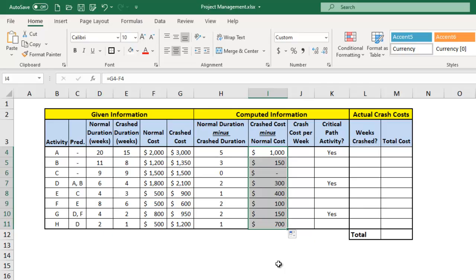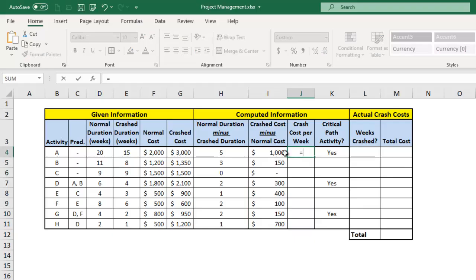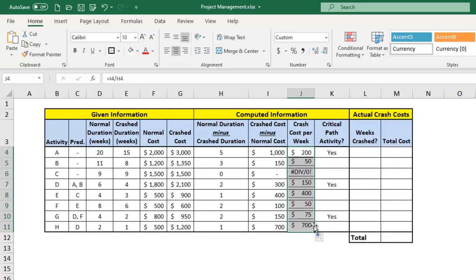And so we need to determine what the crash cost per week is, where we take the total crash cost and divide it by the number of weeks by which we can crash it. And that gives us $200 a week. So if we only need to shorten activity A by a week, then that would only cost $200, not $1,000.